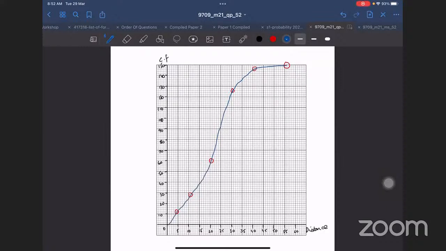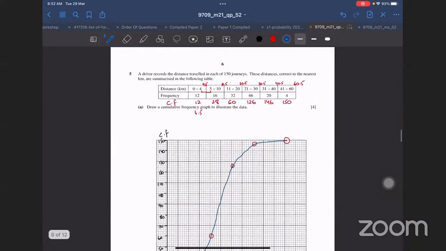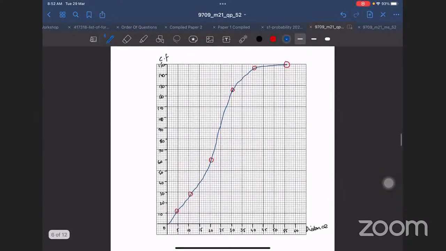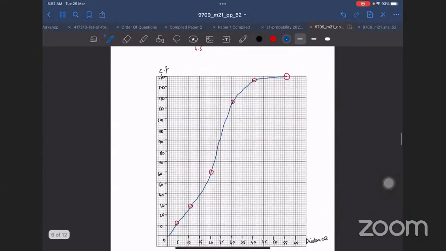Okay, this is as smooth as possible. Although I think it's slightly... Just need to make sure I've plotted the points correctly.